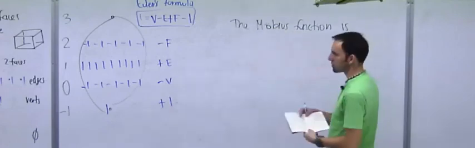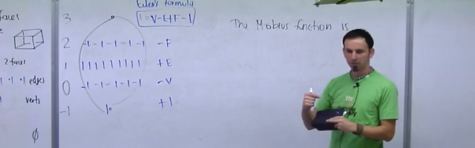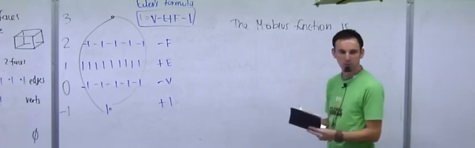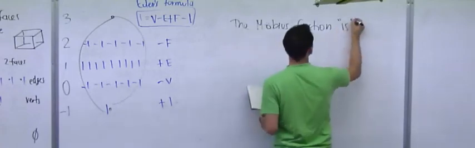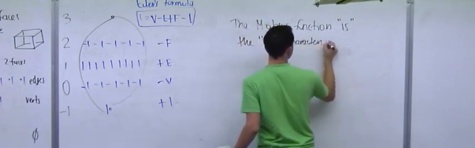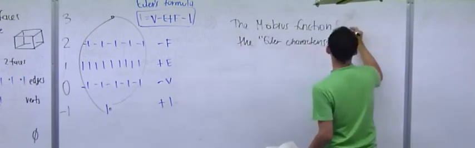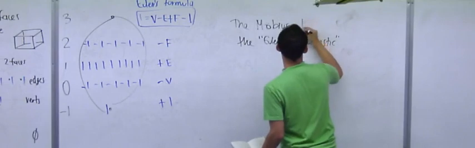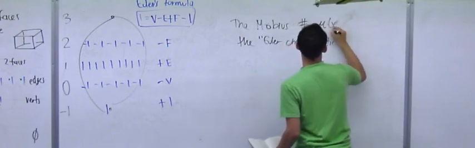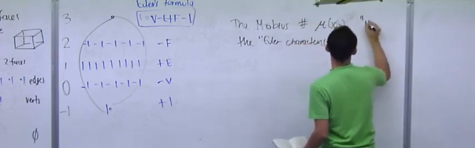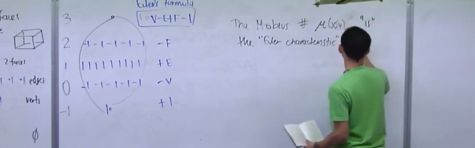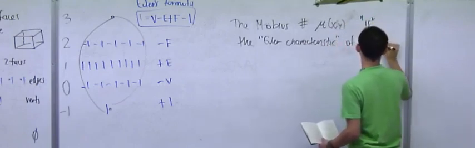But the Mobius function, you should think of it in a similar way. The Mobius function is kind of a topological number that you associate to a poset. So the Mobius number mu of x comma y, in quotations, is the Euler characteristic of the interval x comma y.